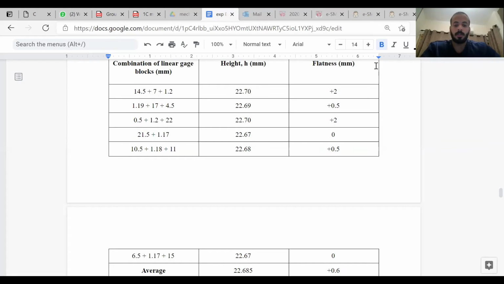But the theoretical value of the height of the sine bar, which is 22.87, was slightly different from the experimental value, which was 22.67. The percentage error between the theoretical value and experimental value was 0.875%, which can be concluded that this experiment was successful as the percentage error is low.